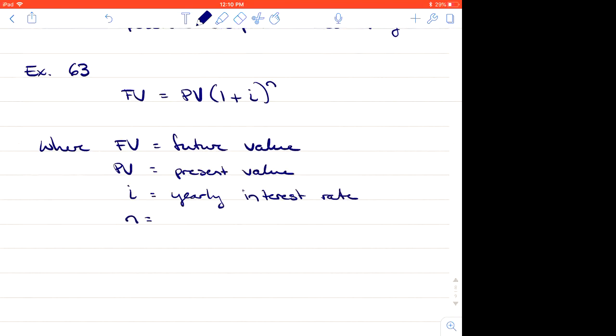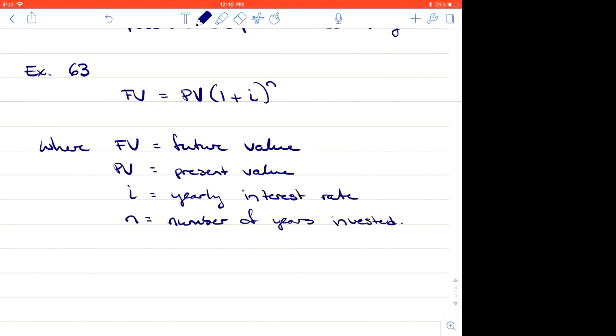And n, lowercase n in this case, is going to be the number of years invested. So how these are going to go is you're going to deposit some amount, that's your present value, right?